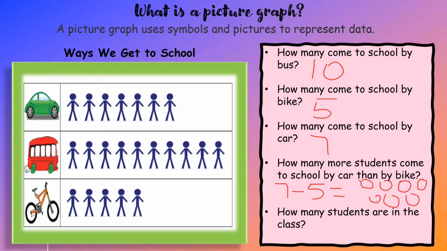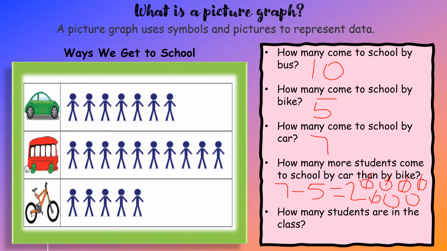I'm going to take away 5 circles. 1, 2, 3, 4, 5. So how many do I have left? Very good. I have 2 left. So that means 2 more students come to school by car than by bike. Let's look at our last question.